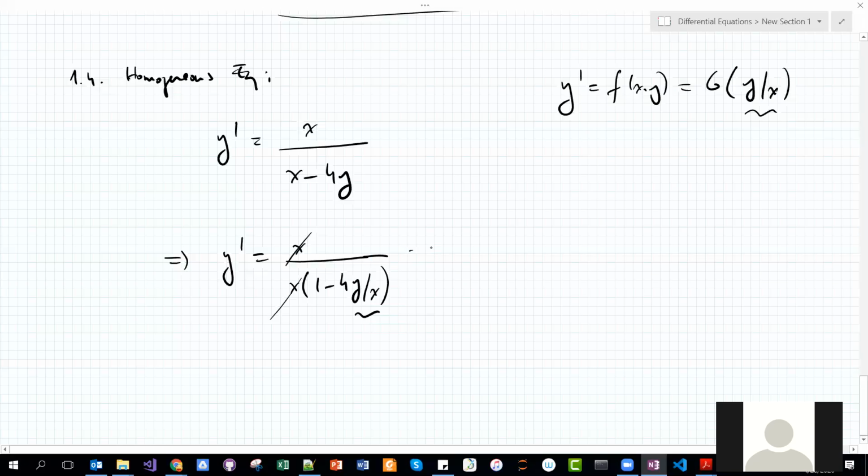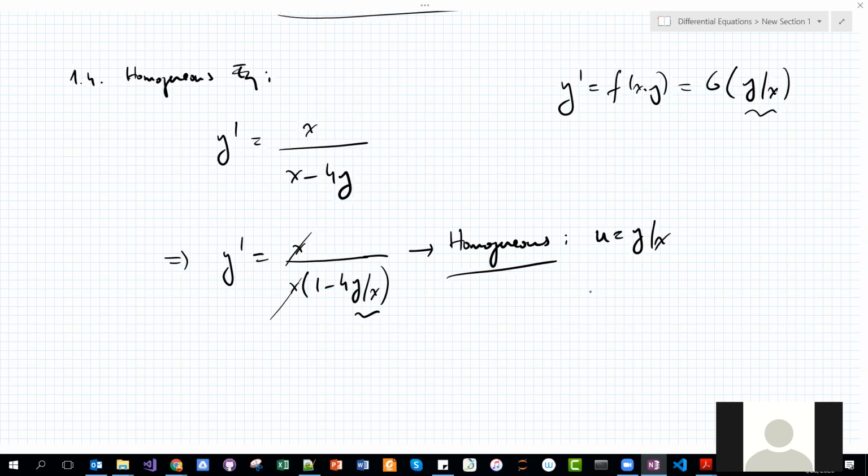So now I can say this is the homogeneous equation. If it is homogeneous, what am I going to do? I'm going to use a substitution. This substitution will help me turn this one into another problem so that I can solve it.